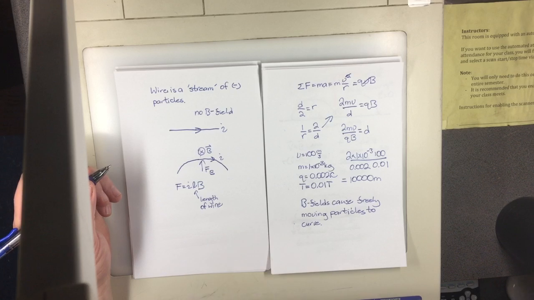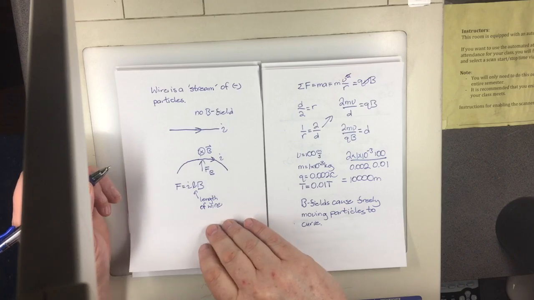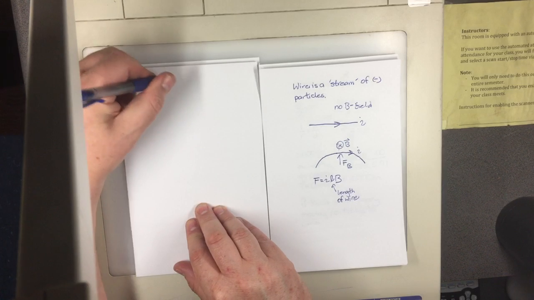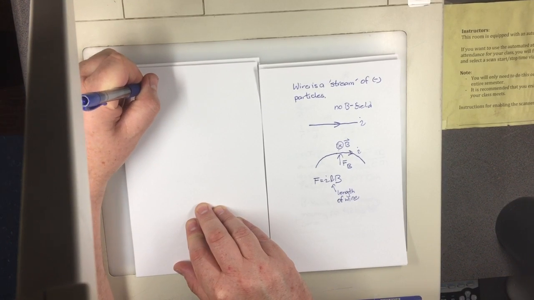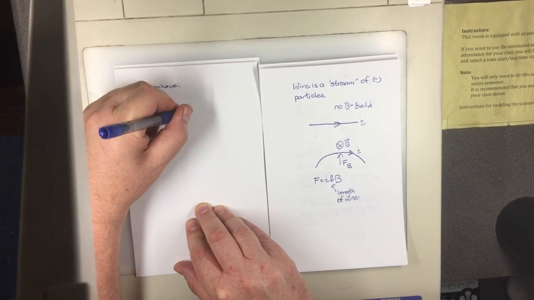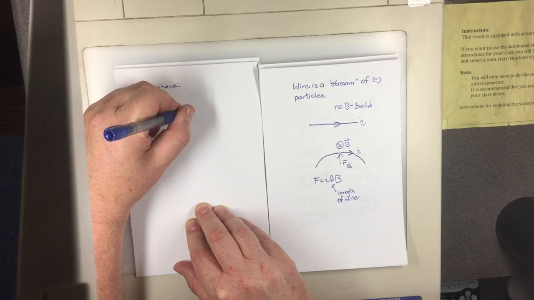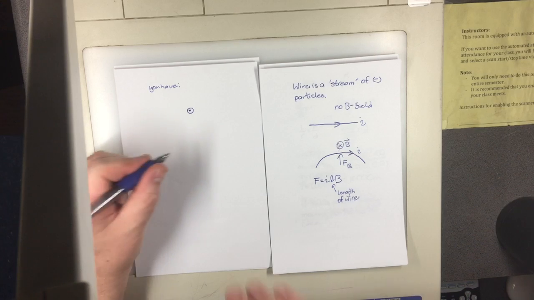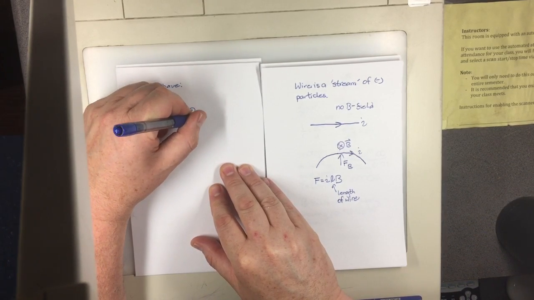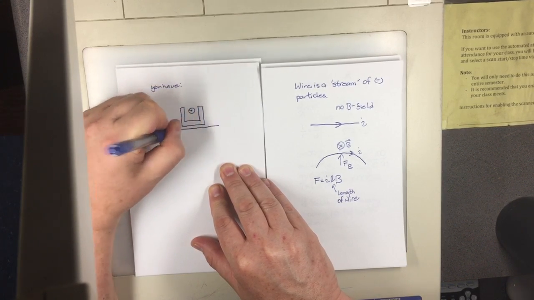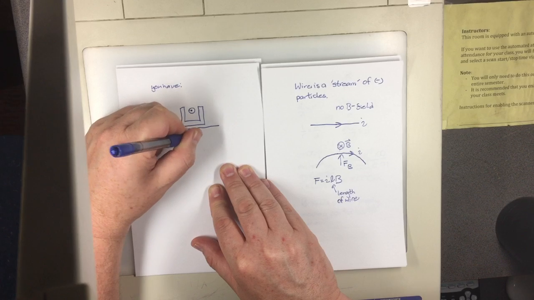So what we're going to do is talk about the lab. In part of the lab, you have a wire with the current, in this particular case, coming out of the page, and it's resting on a scale.